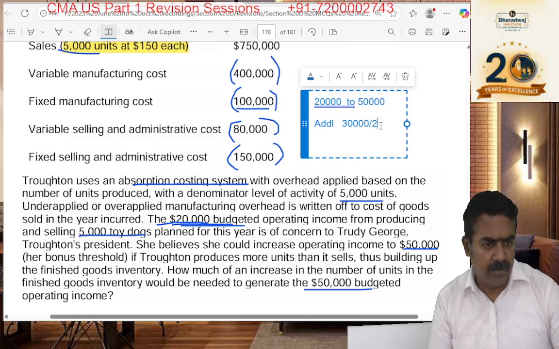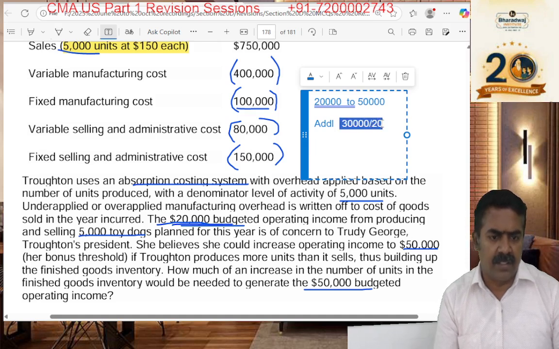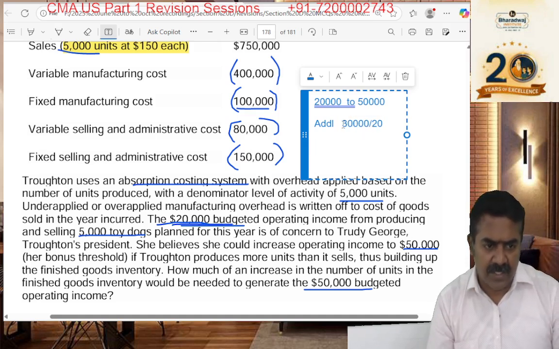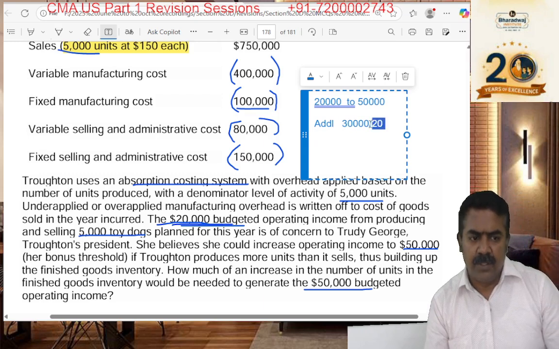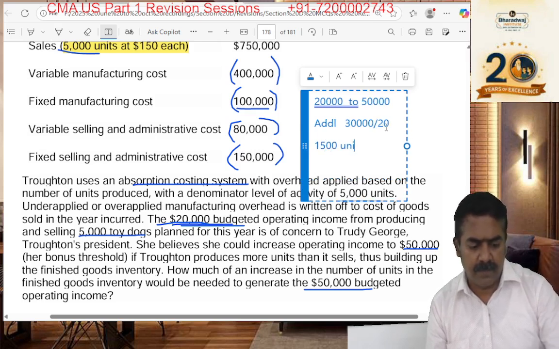Now, to generate extra income, if the cost is 20 per unit, what is the extra units needed? 1,500 units needed.